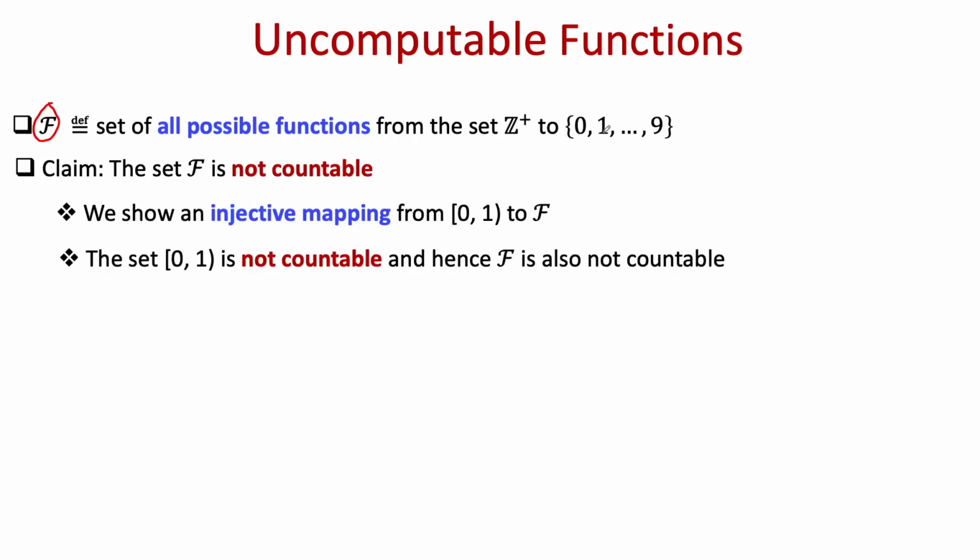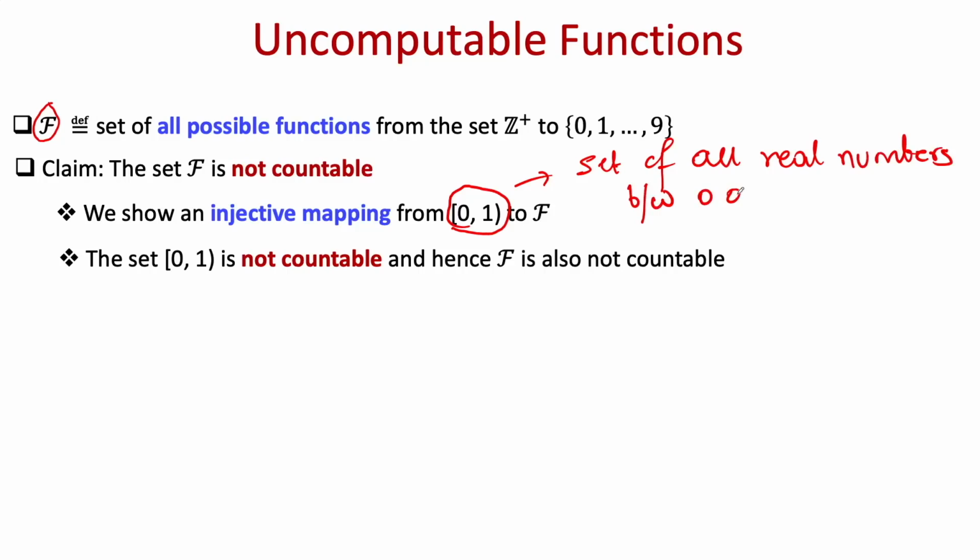How are we going to prove this? Well, we already know a set which is not countable. What is this set? This is the set of all real numbers between 0 and 1, including 0.